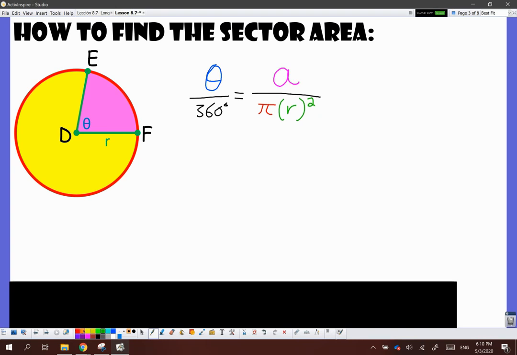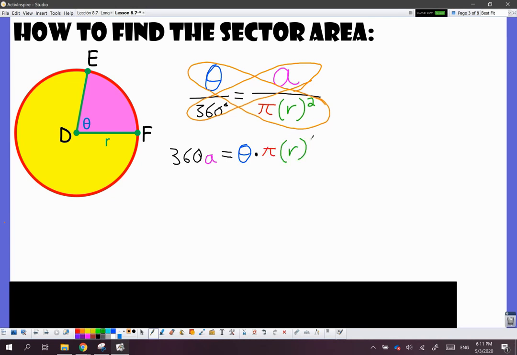And again, we're going to cross multiply this. So here's the first cross, here's the second. On the left-hand side, we'll have 360 times our lowercase a for the area equals, on the right-hand side, we'll have theta times pi times radius squared.